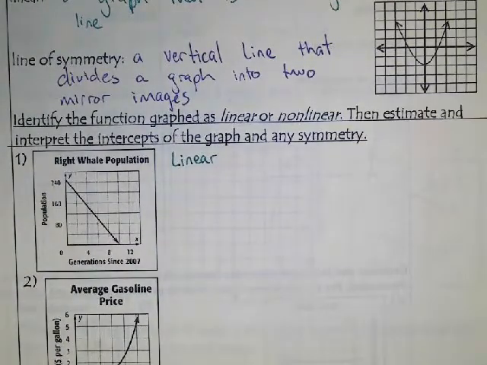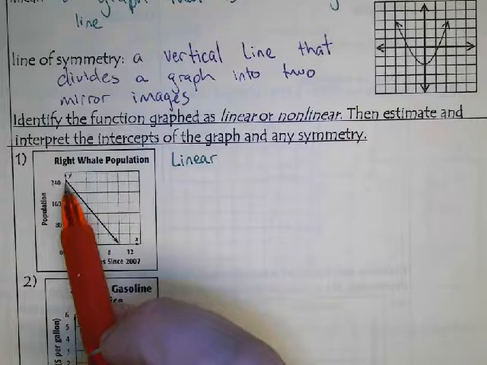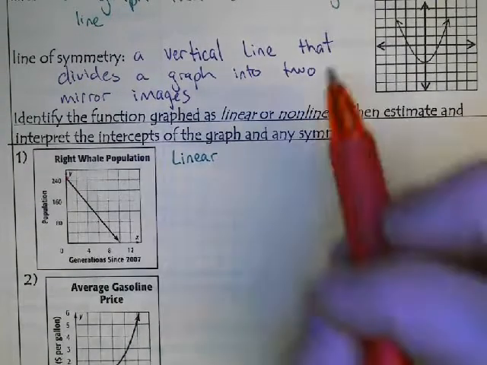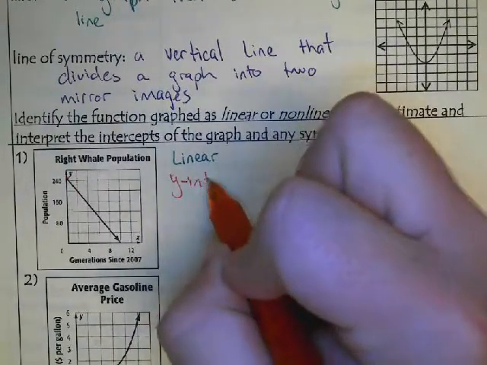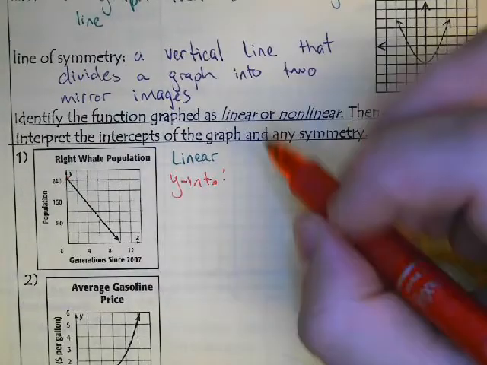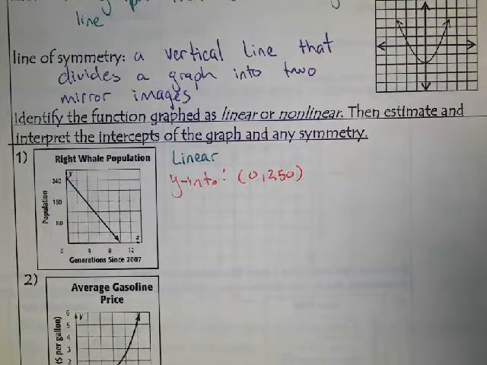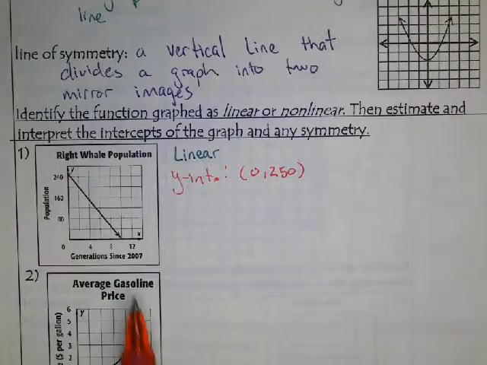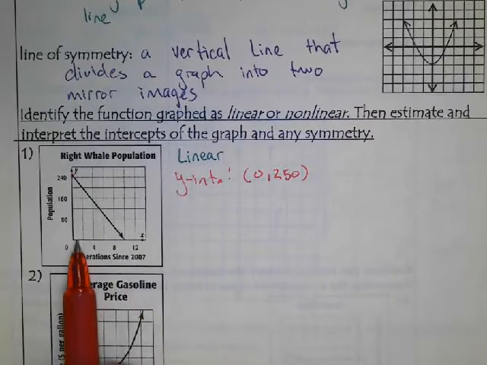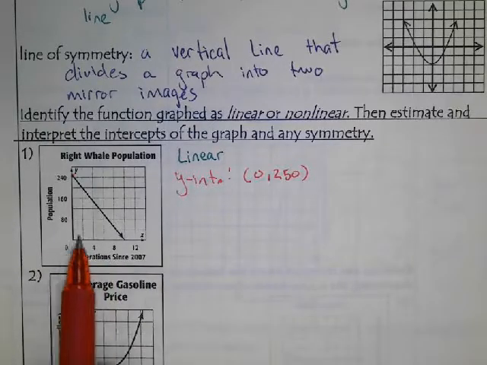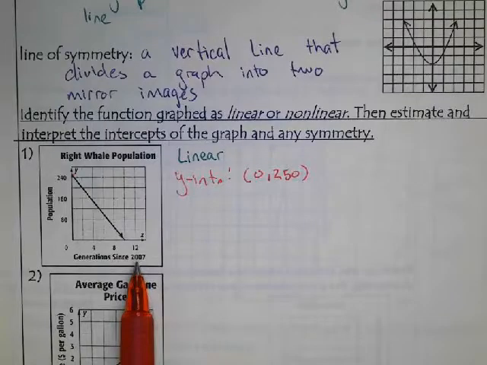And the y-intercept, it looks like it's around 0 to 50, 240, somewhere a little more than 240, so we'll say 250. So y-intercept is (0, 250). And what we can say is, since it's starting at 0, but with our x-axis being generation since 2007, the 0 implies that we're talking about the year 2007.